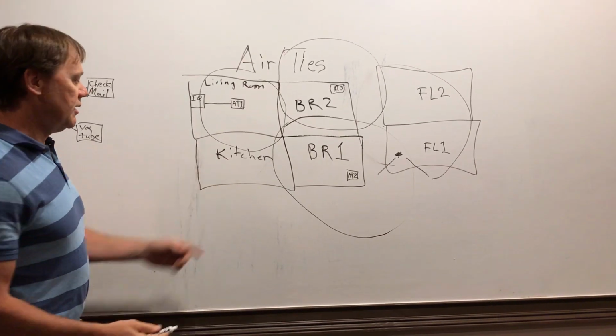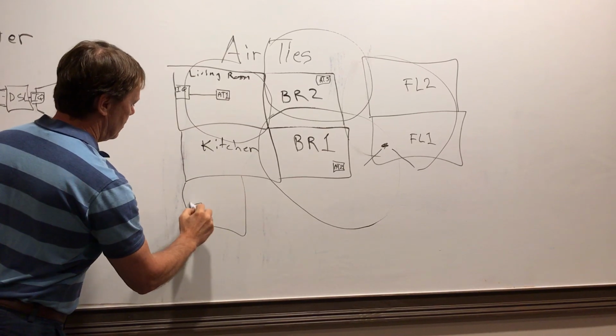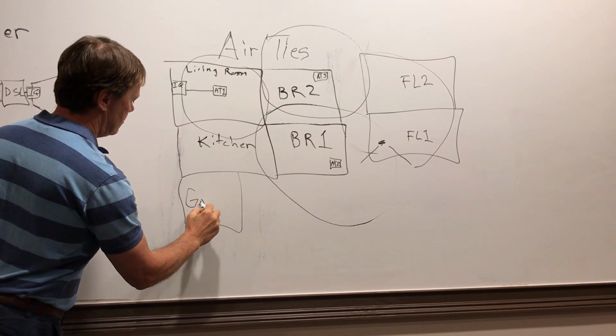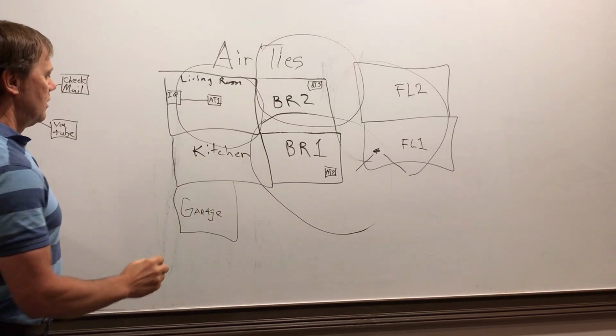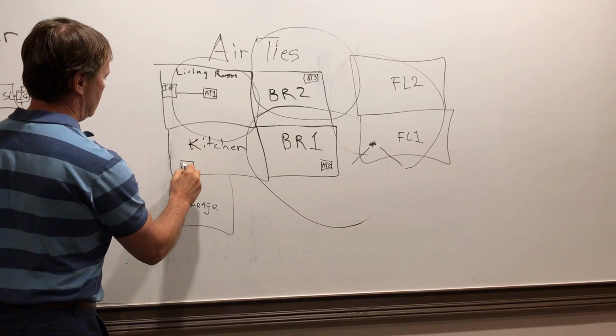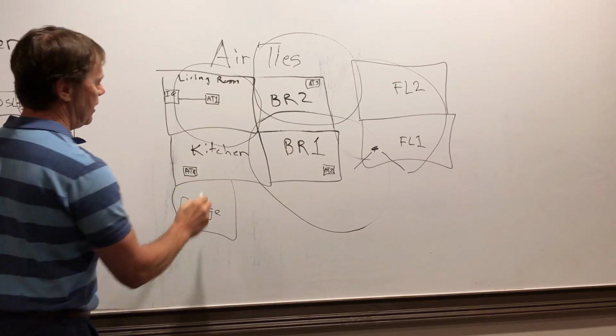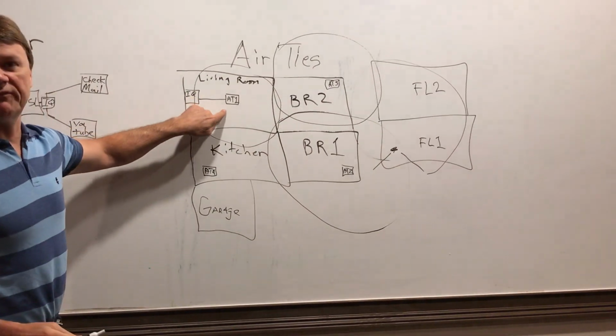And let's say this is a garage over here, well, let's just put another AirTie right here. And again, none of these have wires on them. All we did was pair it with the very first one.